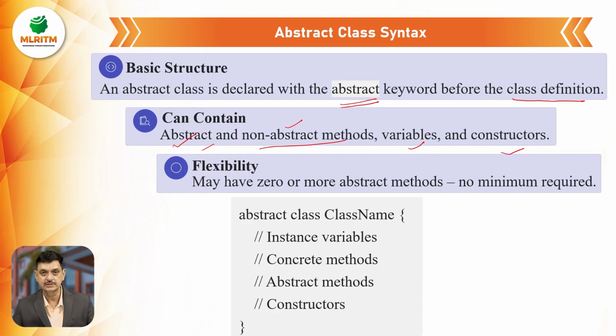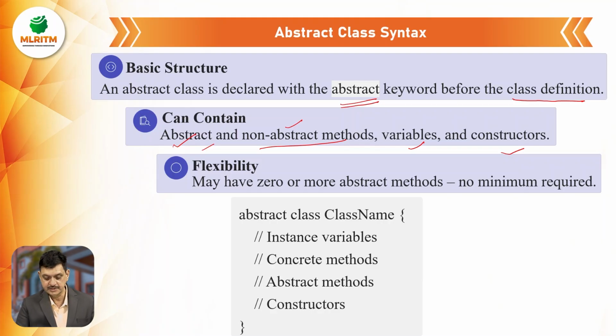But the abstract class has flexibility. It may have zero or more abstract methods. It need not contain any abstract methods. Whatever the child class defines from it, it can add other abstract or non-abstract methods based on the requirement.